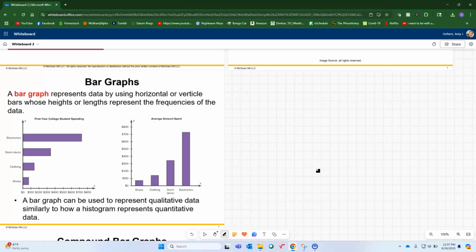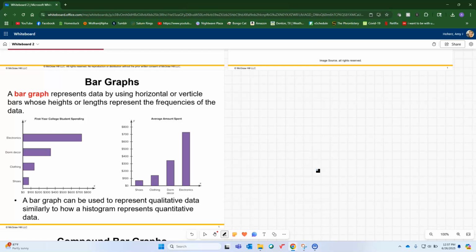These two bar graphs have qualitative data for their input: electronics, dorm, clothing, shoes, or over here, shoes, clothing, dorm decor, electronics. You'll notice the order doesn't matter. It depends on if you read it from the top to the bottom or the bottom to the top, but the order doesn't really matter.